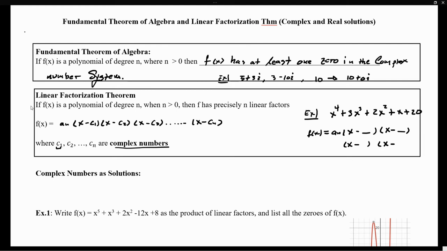So therefore, I can rewrite it as 4 linear factors. So if my highest exponent were 5, then I could rewrite this function using 5 linear factors. And by linear factors, we mean binomials of the form x minus some number. It's a linear factor.